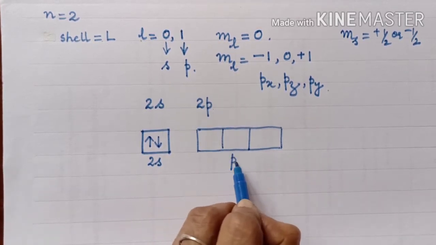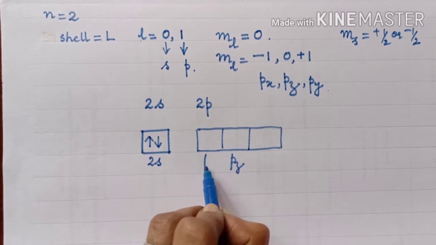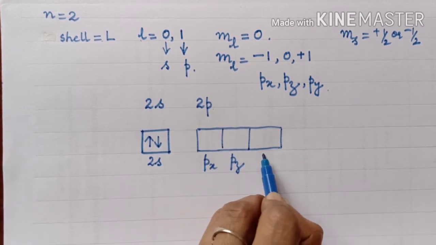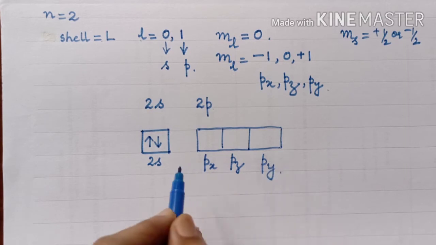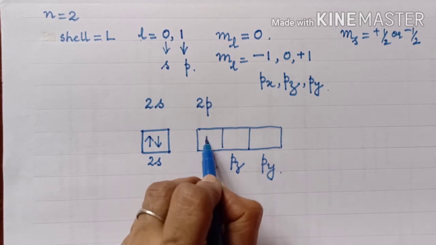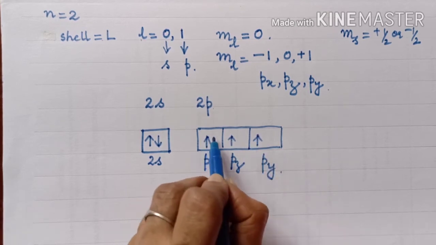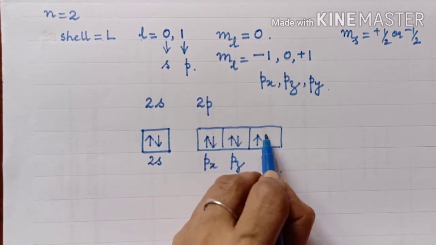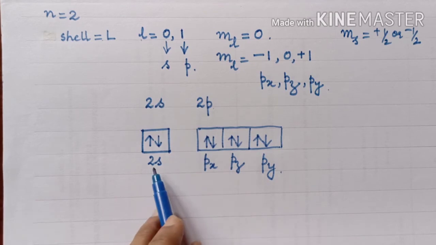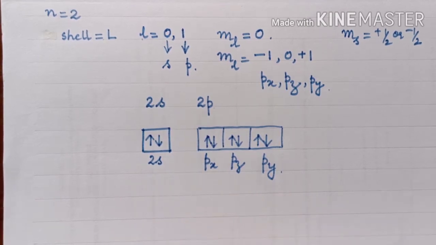So one is px, the other one is py. So you have maximum of 6 electrons possible here. So in total we have total of 8 electrons and that is the maximum capacity of the second shell. Hope it is clear.